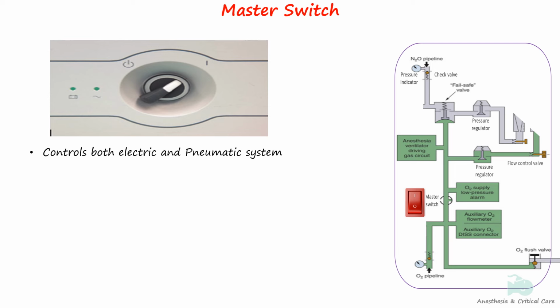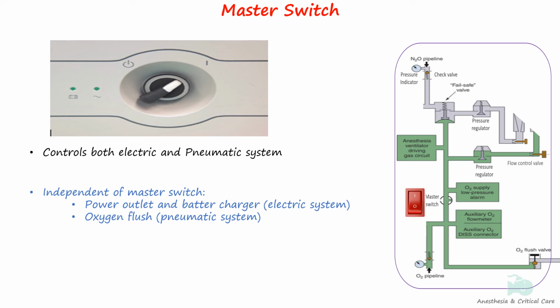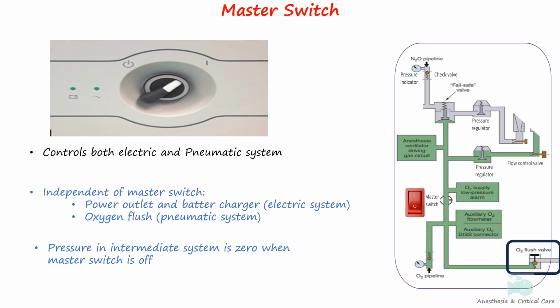Electrical outlet and battery charger are active when the master switch is off, an electrical component, while the oxygen flush button of the pneumatic component is also independent of it and can be activated without the need to switch on the master switch. When the master switch is turned off, the pressure in the intermediate system will drop to 0. The master switch was also discussed in the electric component of the anesthesia machine.